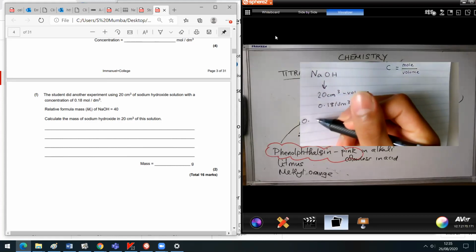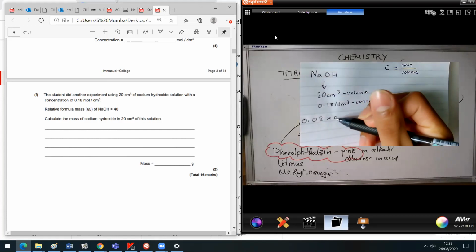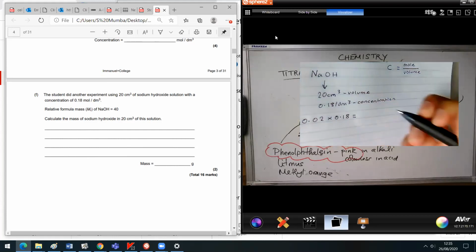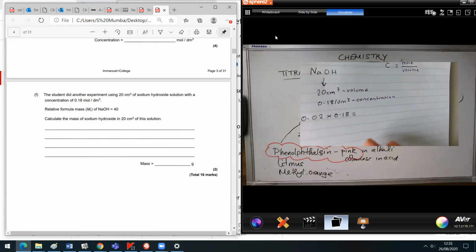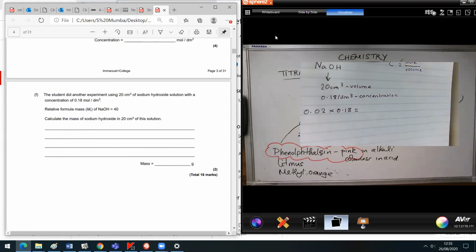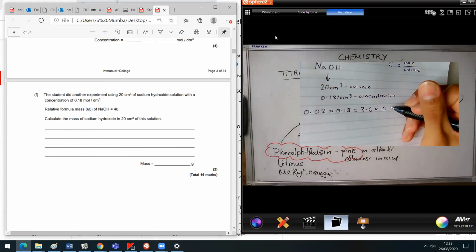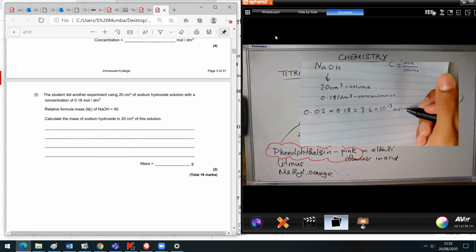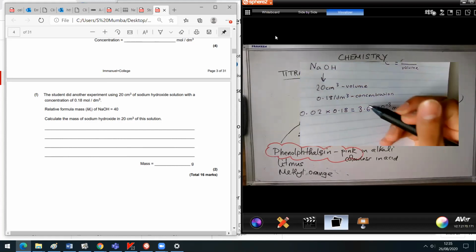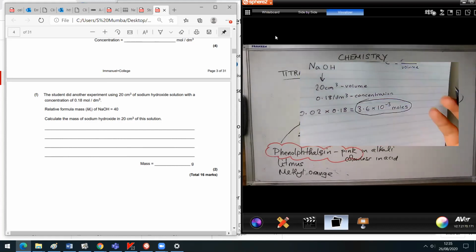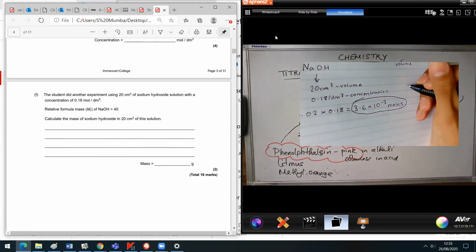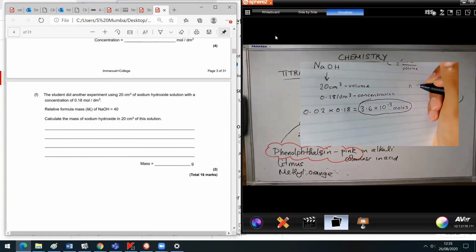So 0.02 times 0.18 gives you 3.6 times 10 to the minus 3 moles. And then use the equation moles equals mass divided by relative formula mass.